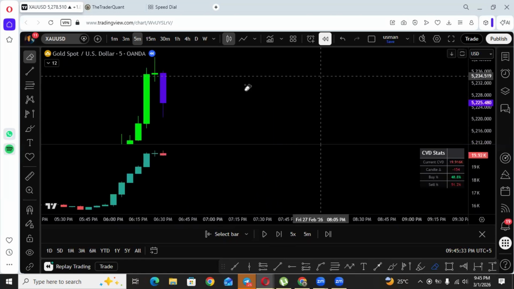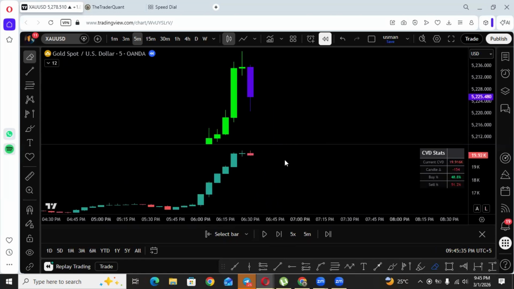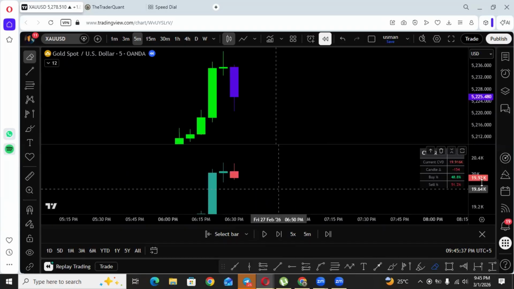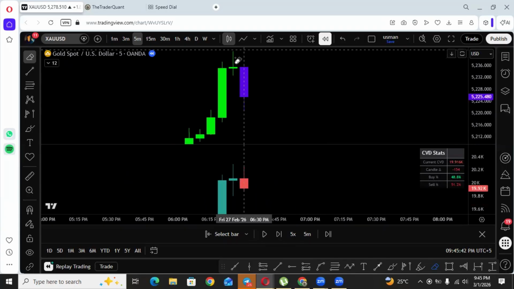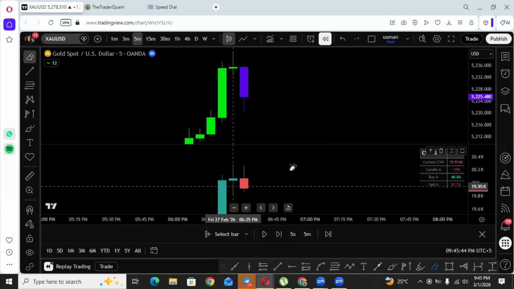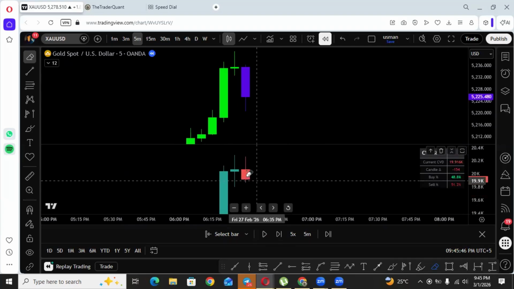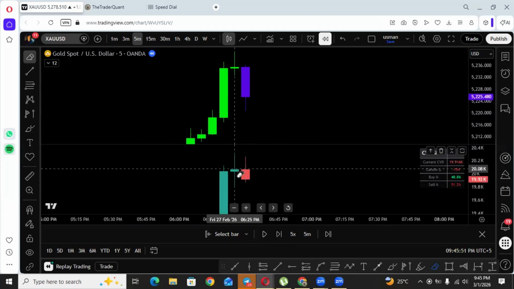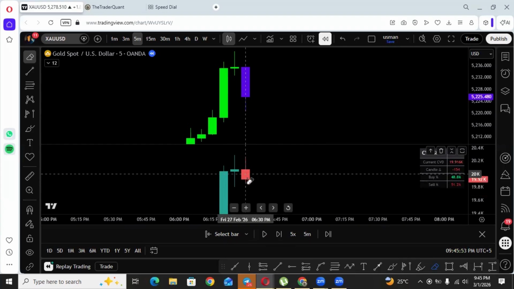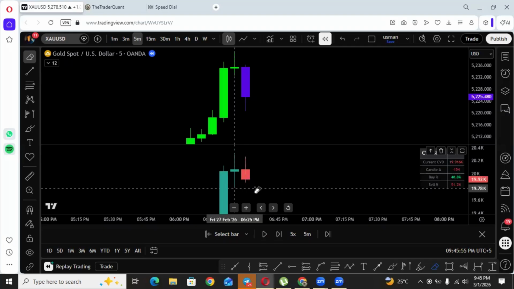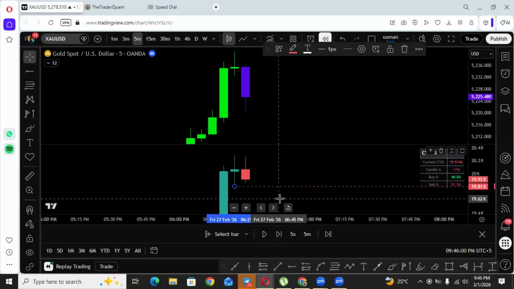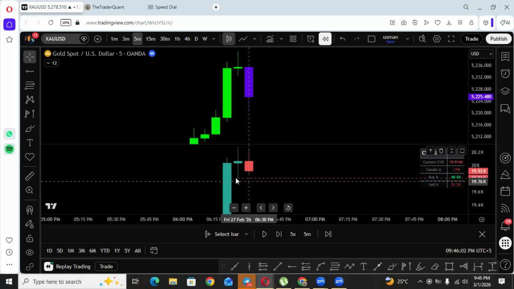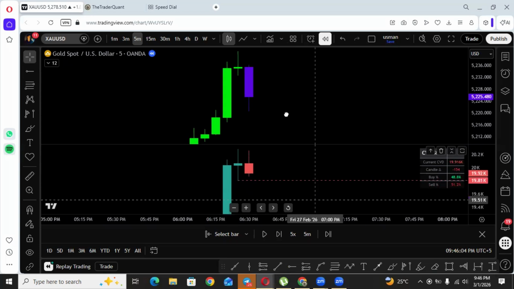Now, what happened at this point? Let me show you clearly. The amount of buying that was done at this point, you can see that if this selling were more than this much buying, this candle's selling should have broken the low of this candle. Yes, and what happened in the price?